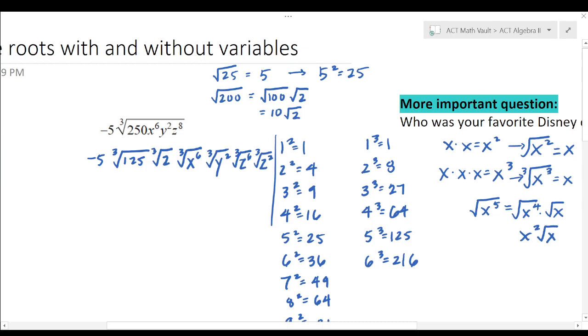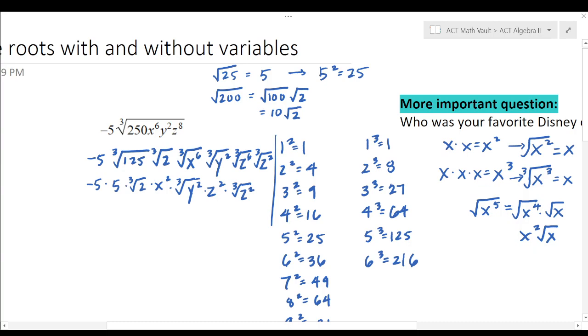So now we get to consolidate all of this by saying that's negative 5. This is 5. Cube root of 2 stays the same. This is x squared. You can't do anything with that next one. And then this is z squared. And then this one here can't simplify any further.